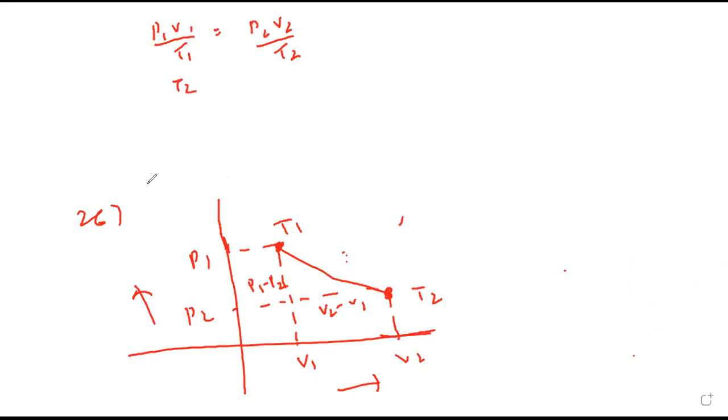That means T2 upon T1 will be P2 V2 upon P1 V1.